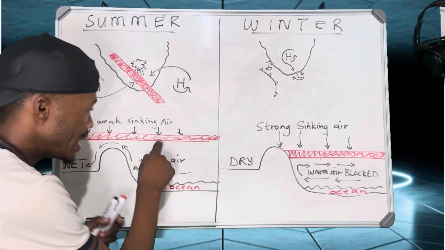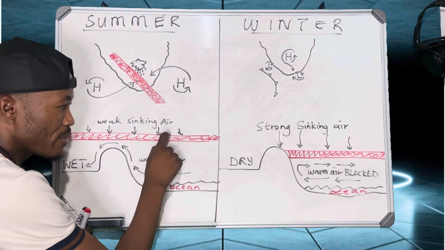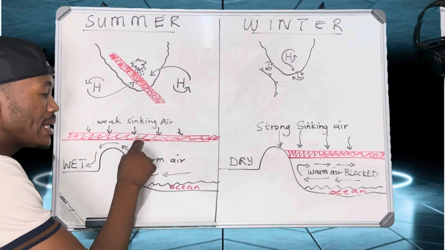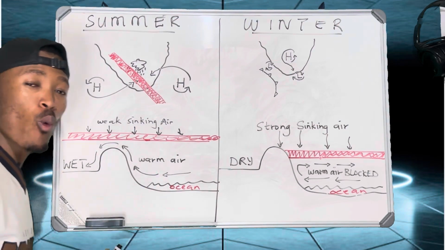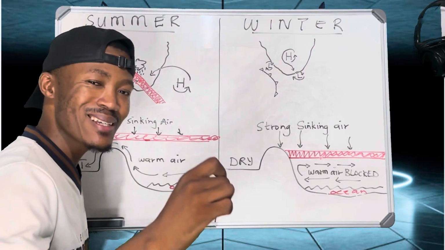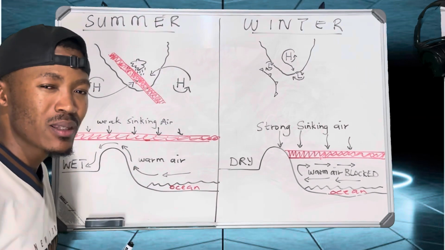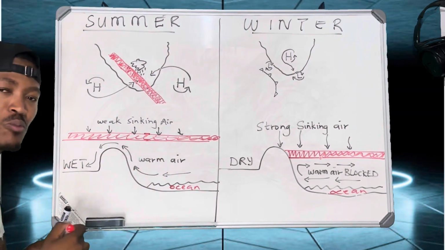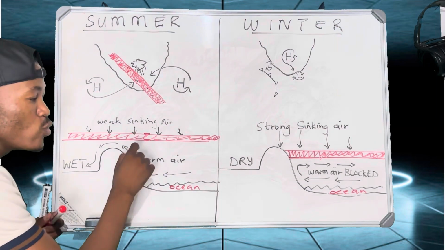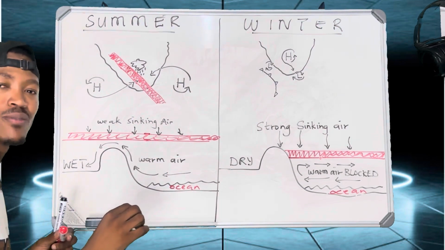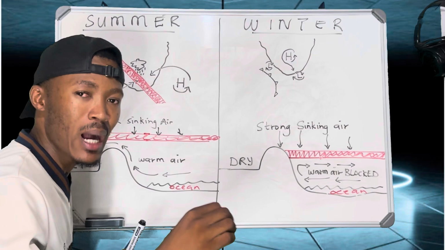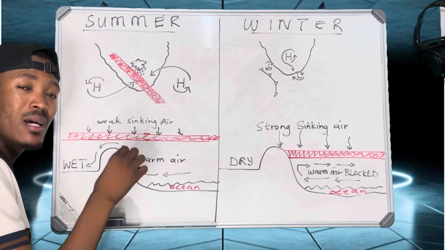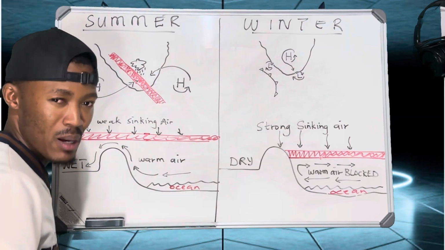So in this layer in the atmosphere where temperature inversion is taking place, temperature increases with an increase in altitude. What does it mean? It means that the higher you go in this layer of the atmosphere, the warmer it becomes.